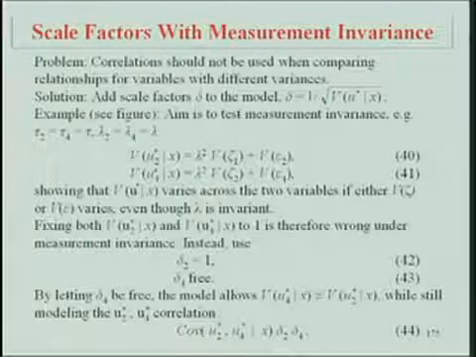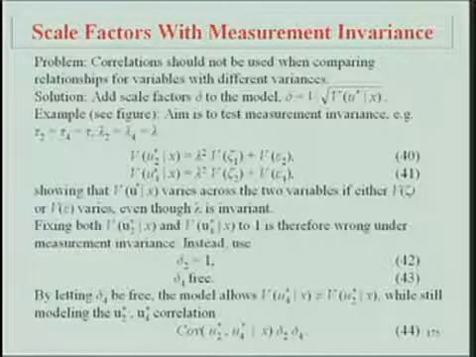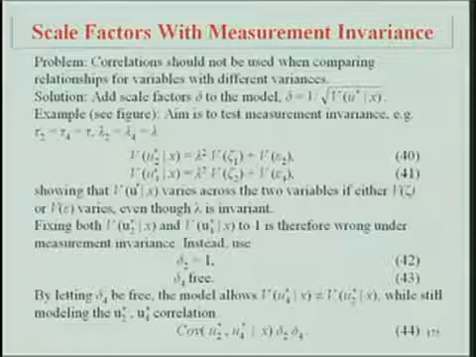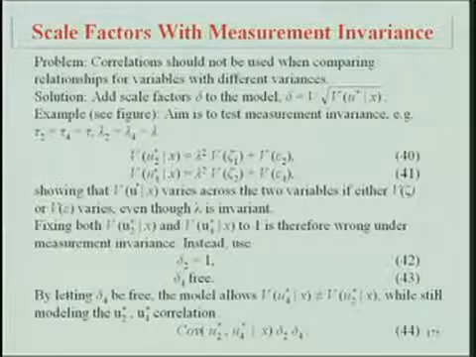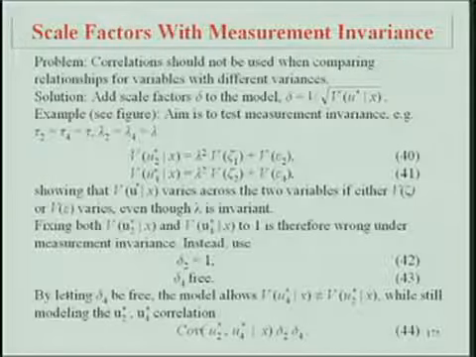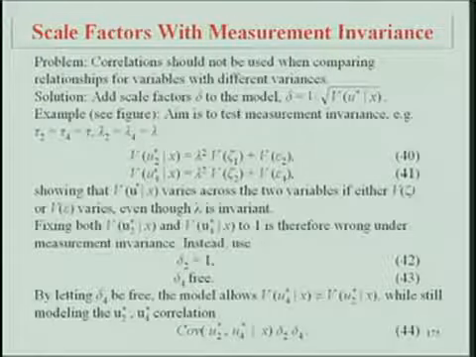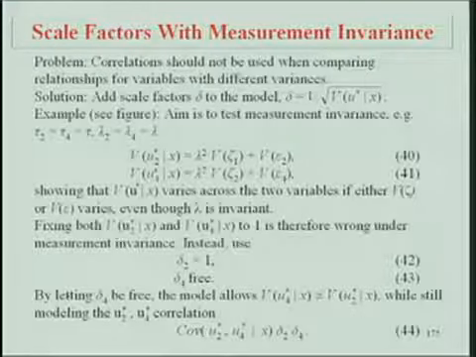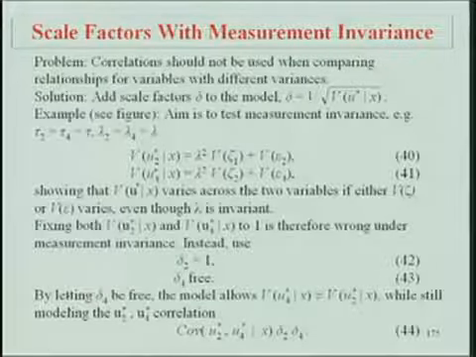The variance of u2 given x is this expression at time 1 and this expression at time 2. And that shows that variance of u star given x varies across the two variables if either the residual variance on the factor or on the u star variable varies, even though lambda is invariant. So therefore, fixing the variance to 1, as we would do in Probit, at both time points would be wrong on the measurement invariance.